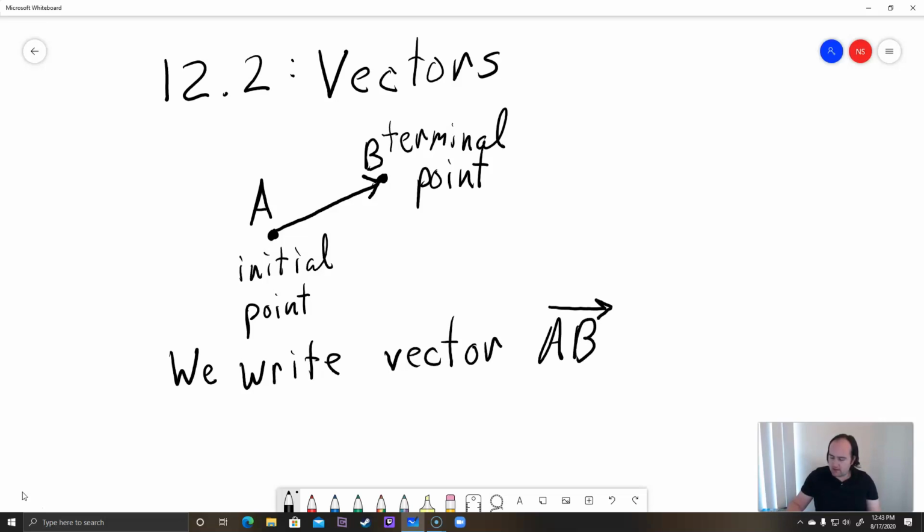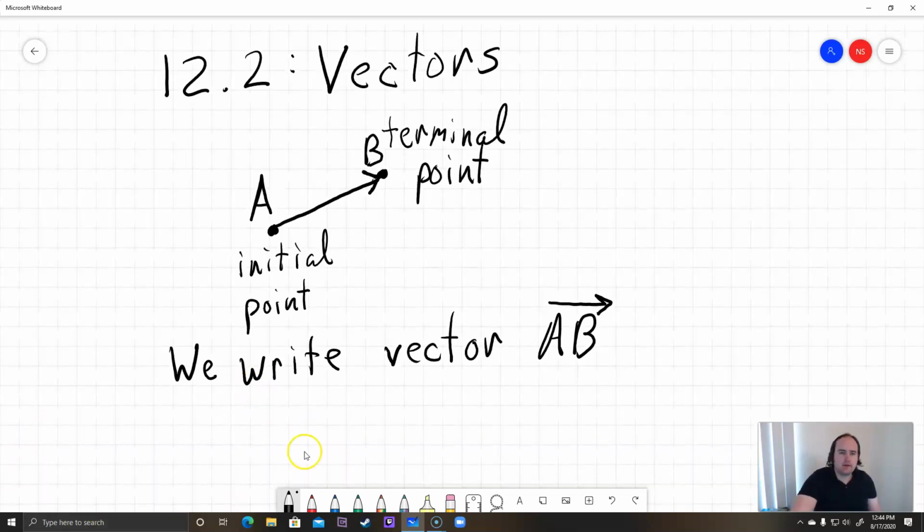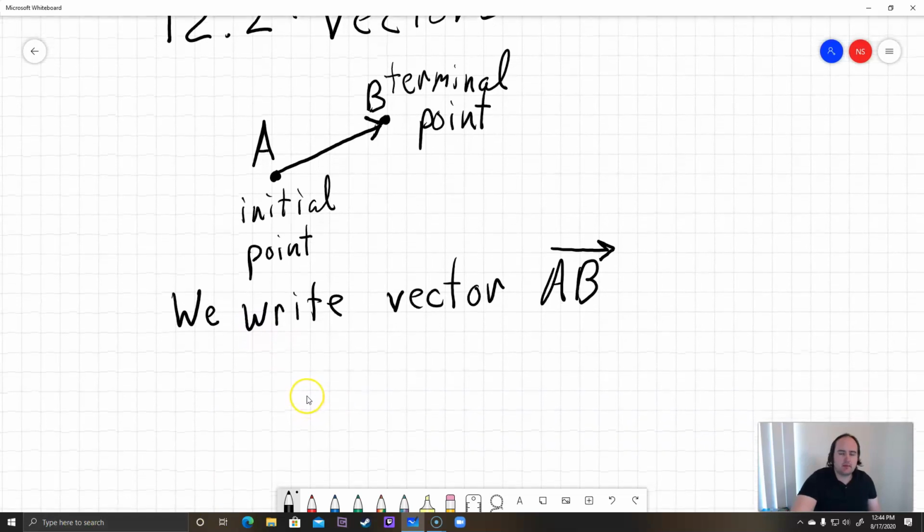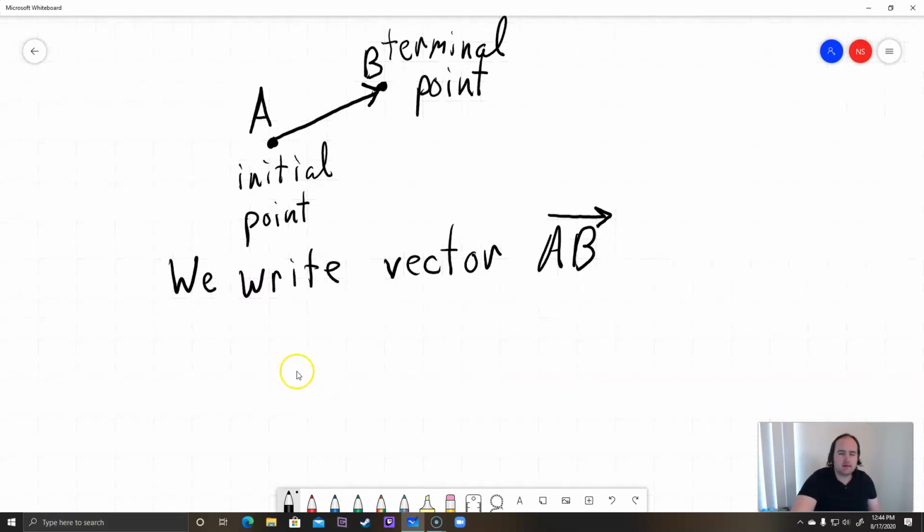So a vector has an initial point, a terminal point, and it's really just a line segment with an arrow pointing one direction on the line segment. And vectors can be either two-dimensional or three-dimensional, but they're pretty straightforward to understand in both cases.